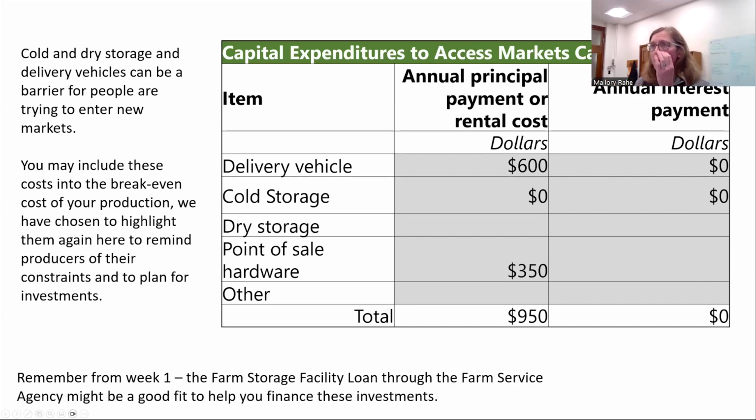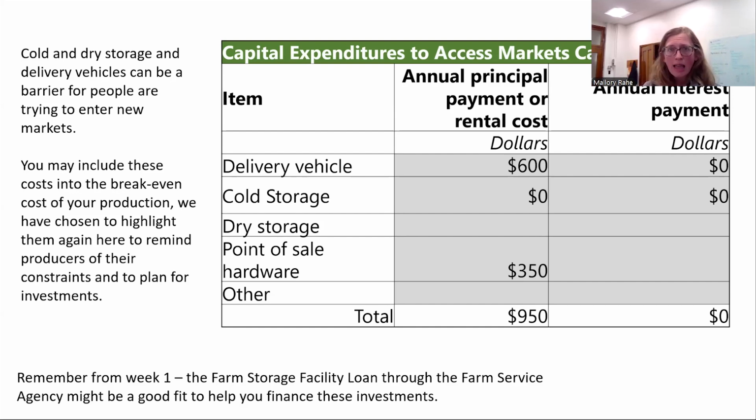I'm also going to think about capital expenditures for this business. Talking to producers a lot of times, to go into multiple market channels or to truly do something different, they need additional storage and delivery capacity. Some people may be working this into the break-even cost of their production.